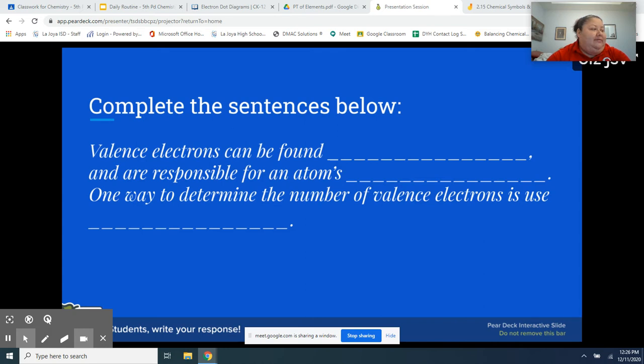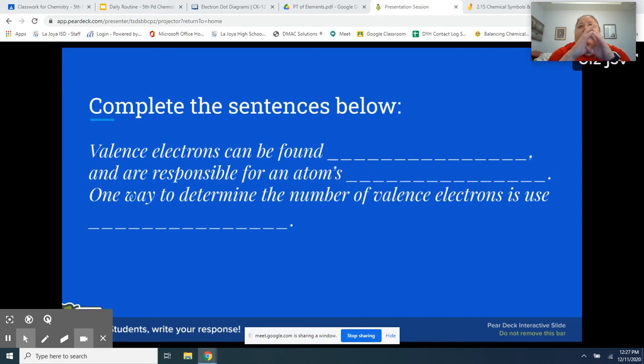Irvin, Mario, Alexia, where did we say that we can find valence electrons? Anybody out there? Do you need some options? Okay, I can give you some options. Option 1.